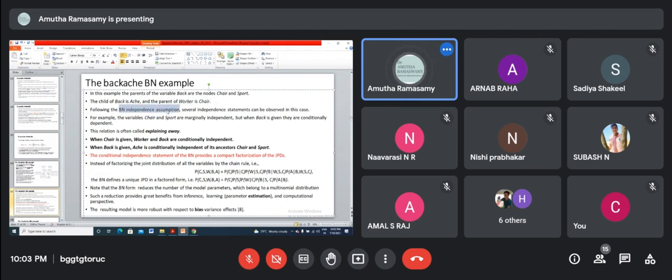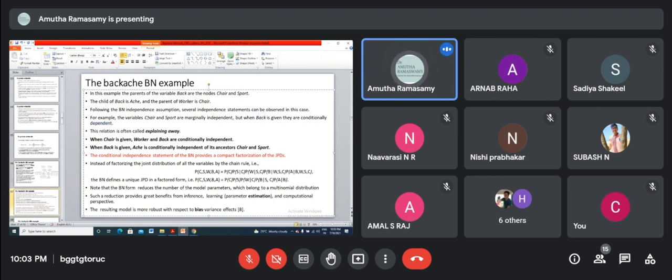Now we are trying to decouple the parent and the child according to the Bayesian assumption. That is, several independent statements we can bring. So the variables chair and sport are marginally independent, but when back is given, they are conditionally dependent.